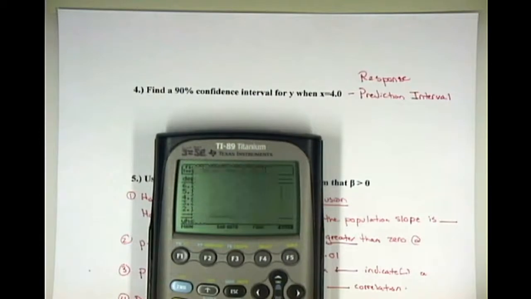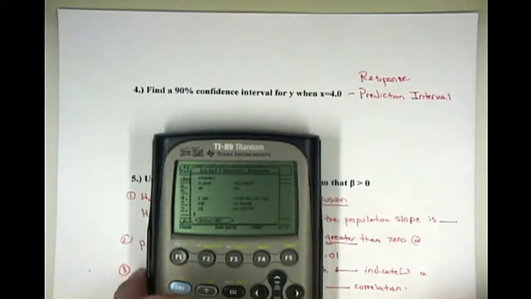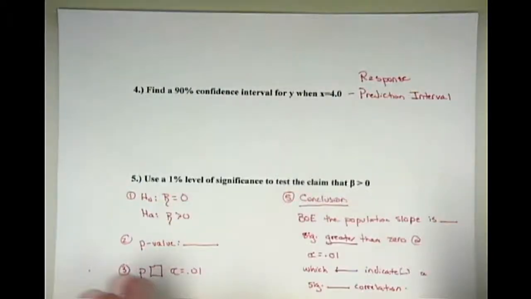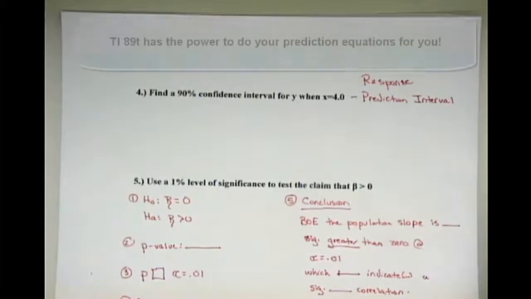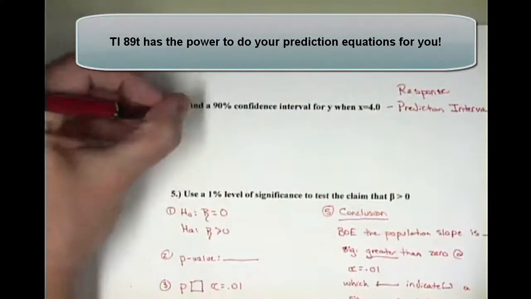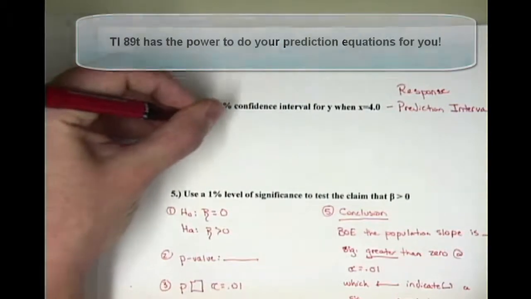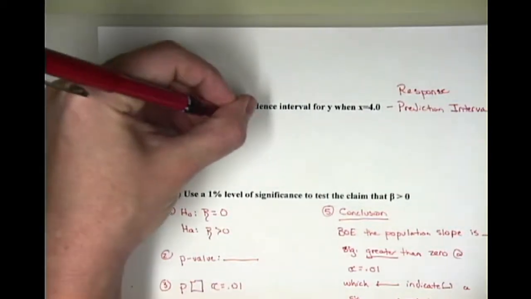Wait just a few minutes, and then bam, he's there. He has brought up the C interval. He also brings up the y hat. He says the y hat is 22.4107, which is what we got when we did it by hand and when we did it in our calculator. So he's on the ball, and he's written down an interval for us, so I'll just copy it. 14.51 to 30.31.